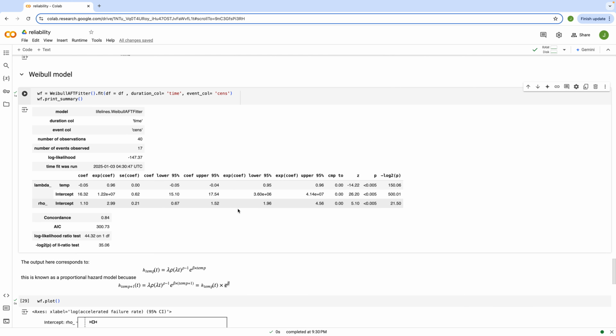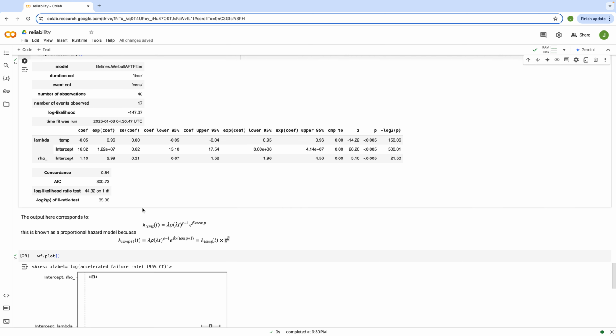Now, these things are all measures of fit: how good does the model fit the data? These are a little bit beyond us, so we're not going to talk about those.